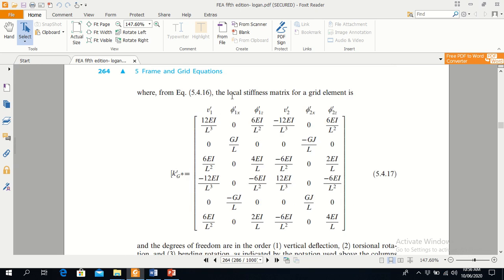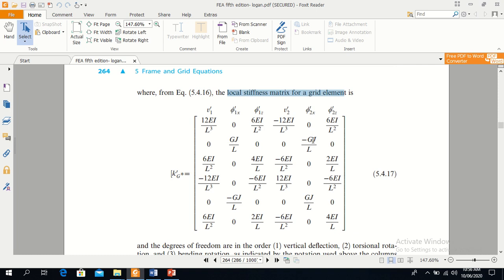This is the local stiffness matrix for a grid element. Please note down this equation 5.4.17. This equation is for the local stiffness matrix for a grid element. In this equation you can see the different terms used, where E is Young's modulus, I is the second moment of inertia, and L is the length of the element.